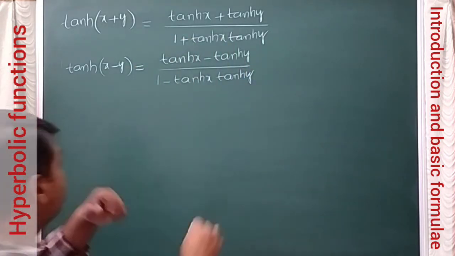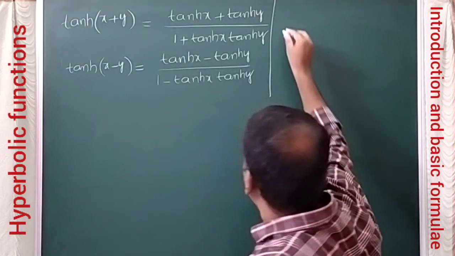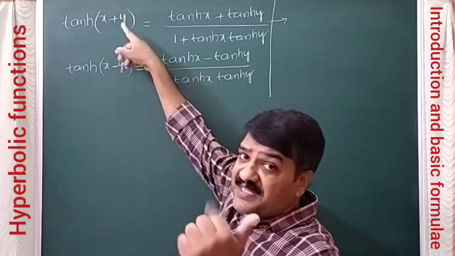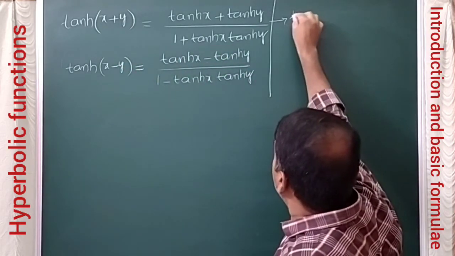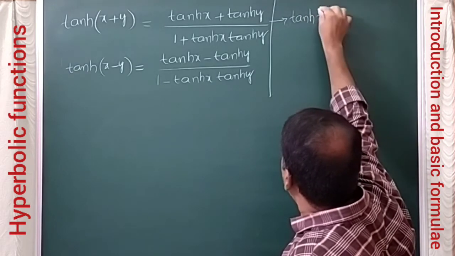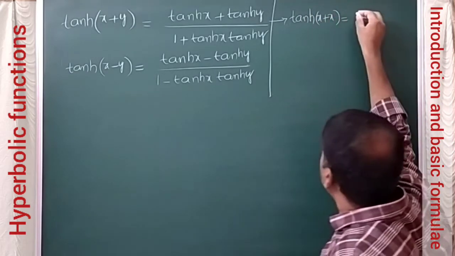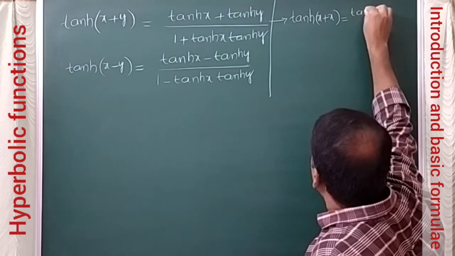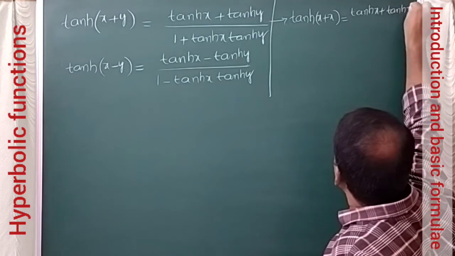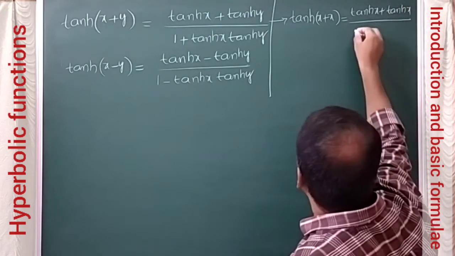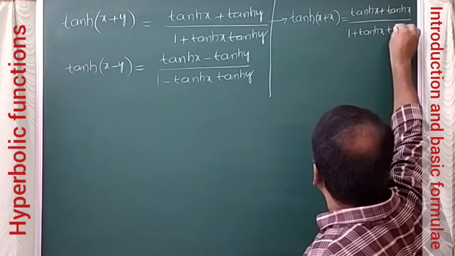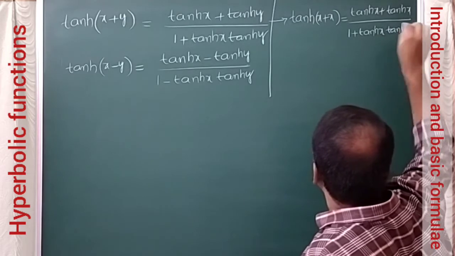So now using the first formula, if I replace y with x, we will get tanh of x plus x is equal to, numerator will be tanh x plus tanh x, denominator will be 1 plus tanh x into tanh x.